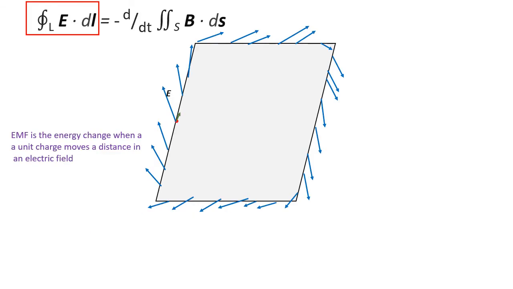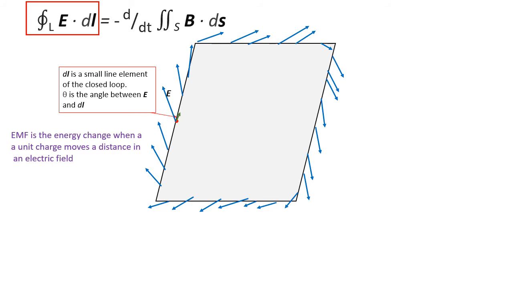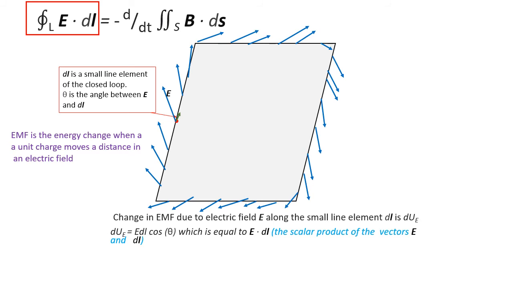Okay, let's focus on the left-hand side of the equation. If we're considering electric field E and a small element of the loop, L, then the change in EMF due to the electric field over this small element is dE, where dE is the scalar product of E and the small line element dl.